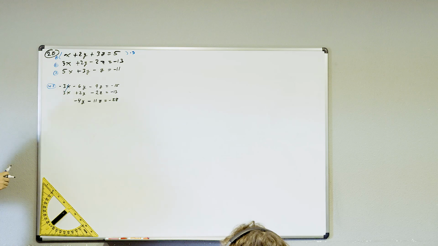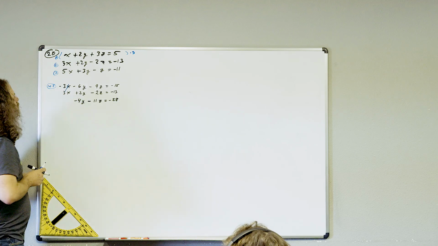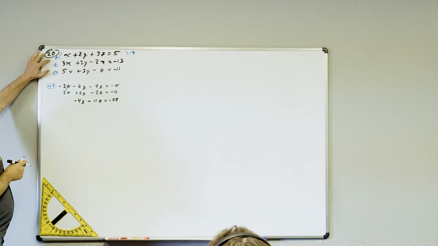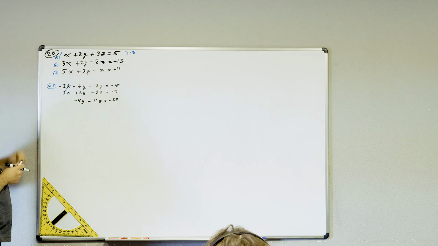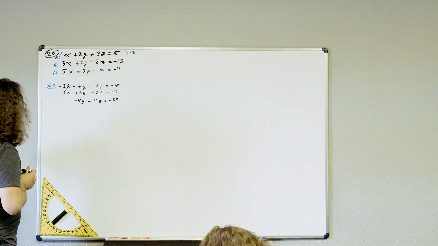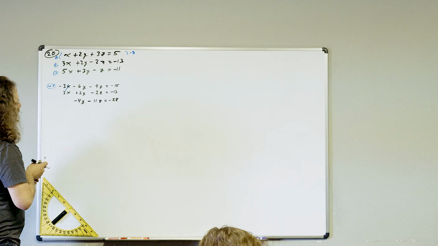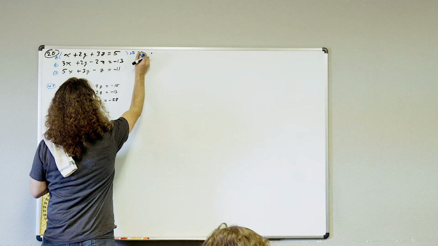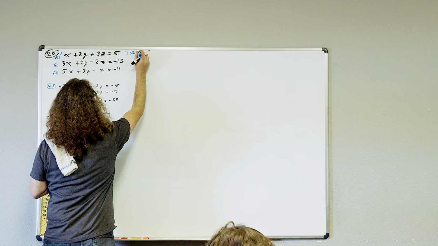Do X elimination on 2 and 3. I'm going to do 1 and 3 because then we just multiply this one times -5. But 2 and 3 would also work, as long as it's not the same 2 we picked on the first one.